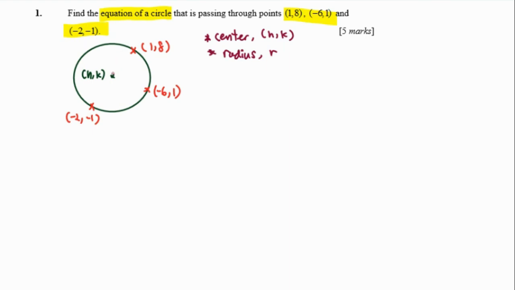From the radius concept, I know this is the radius, and this is also our radius, and this is also our radius. So R1 should be equal to R2. Therefore, the distance between two points will be used in finding R1.